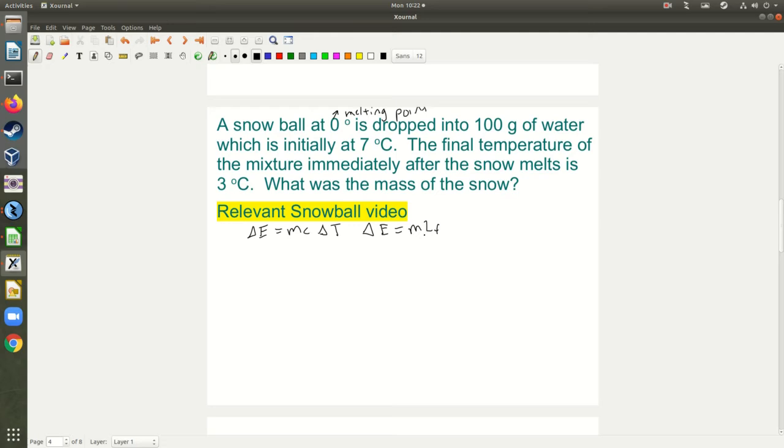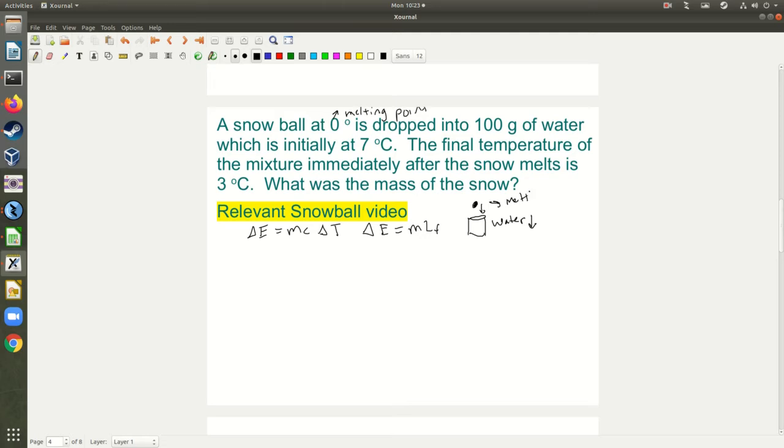All right, so what do I know? Let's say I have a little snowball, and then I have a cup. Here's my cup. Oh, it's a beautiful cup. When we drop that snowball into the cup, a few things are going to happen. The temperature of the water is going to go down while your snow is going to melt.